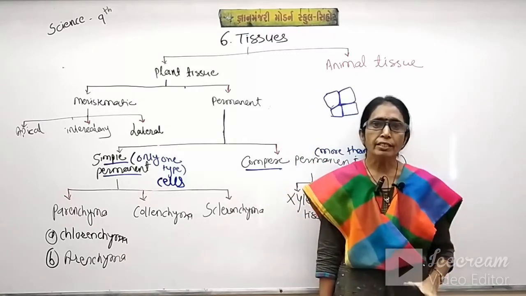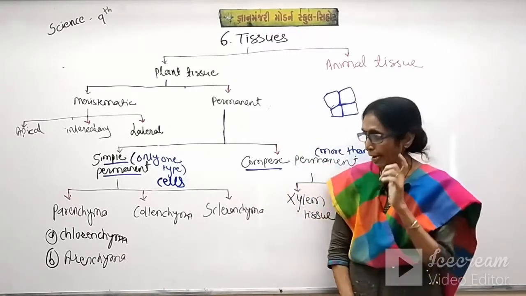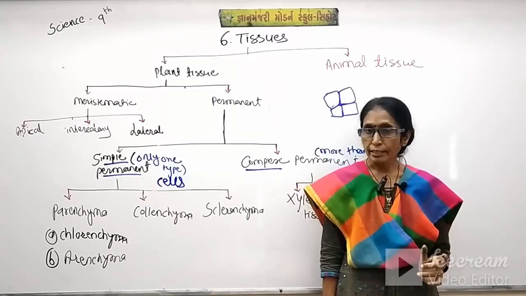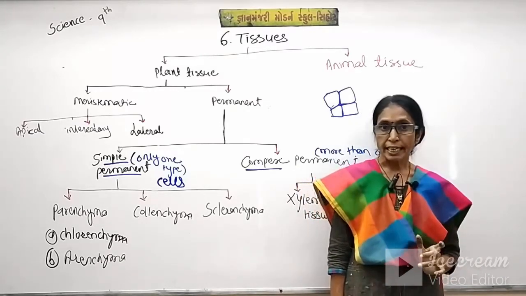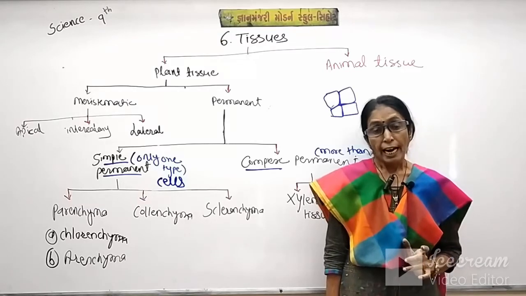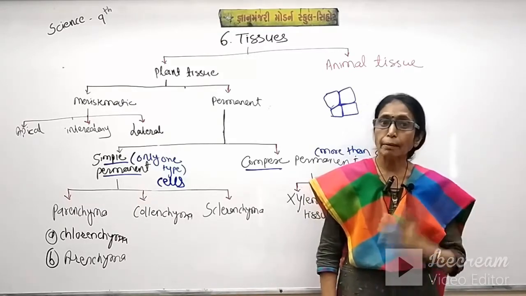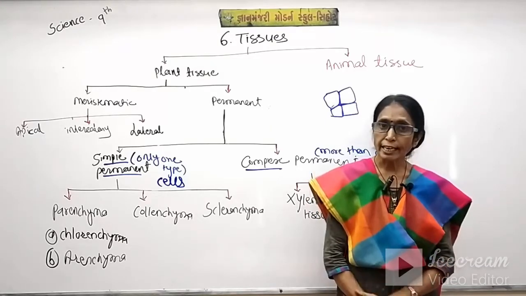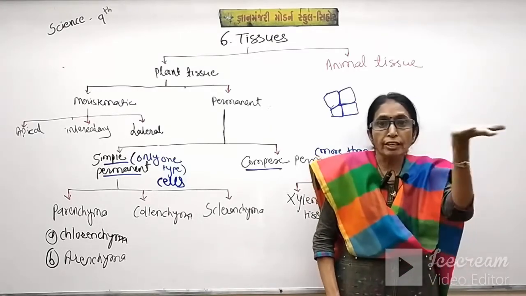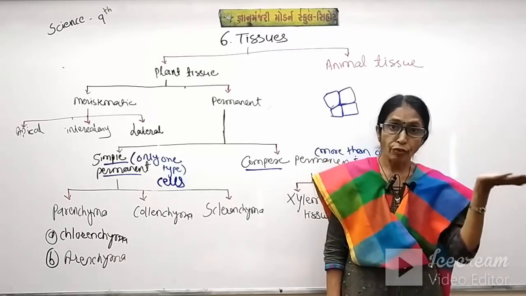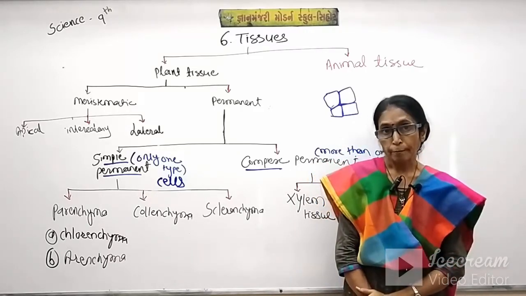Very important words these are, students. Aerenchyma means parenchyma possess air cavities inside the cells, and especially these are present in aquatic plants, and due to this air cavity they float on the surface, just like lotus and others which float on the surface of the water.